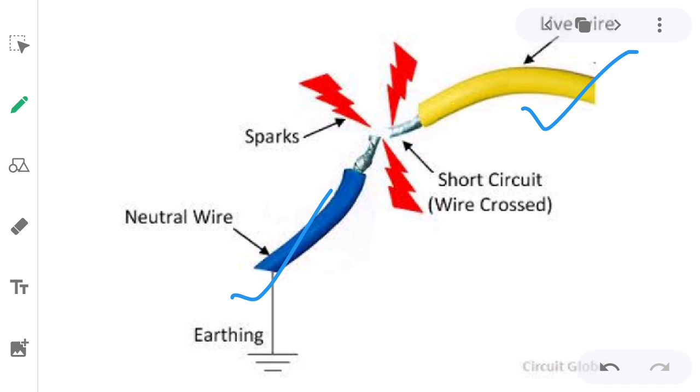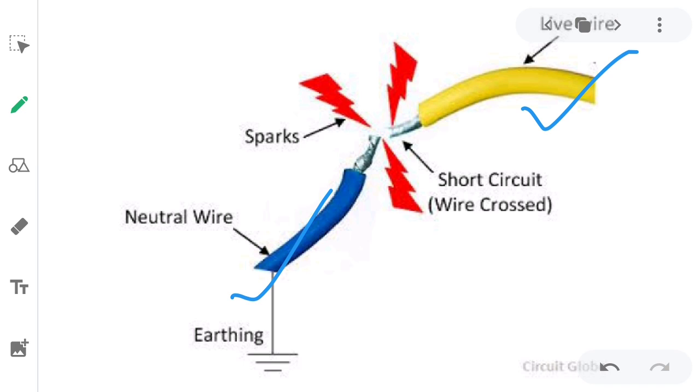If the live wire touches the neutral wire, as the neutral wire has zero potential, the current will flow at maximum onto it, and then a short circuit will happen.